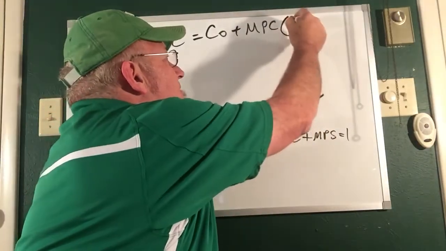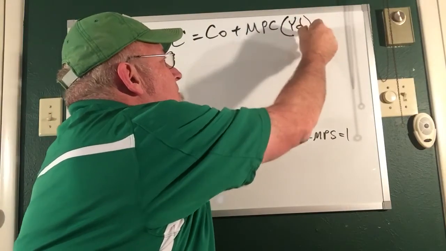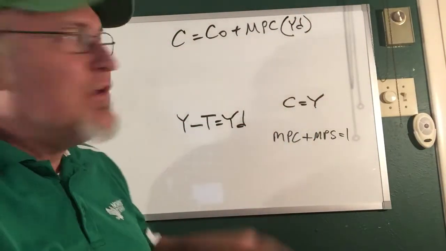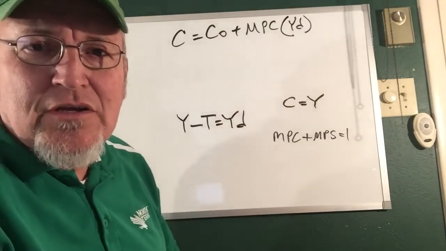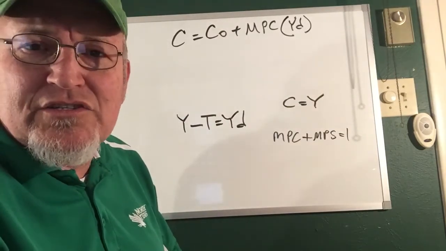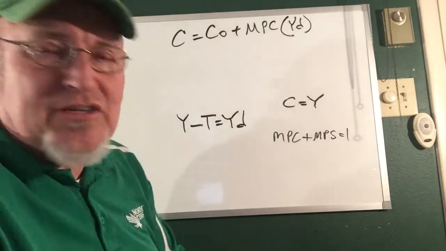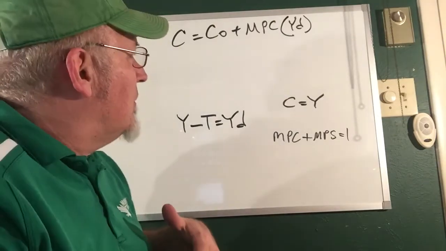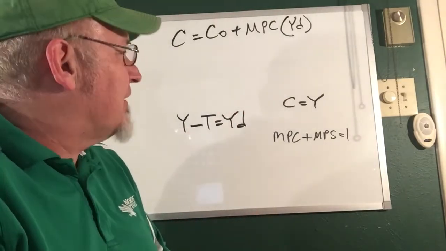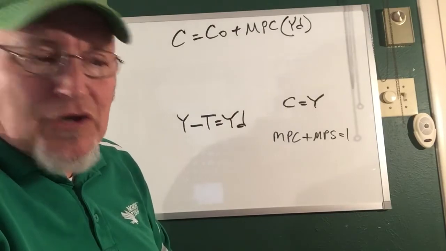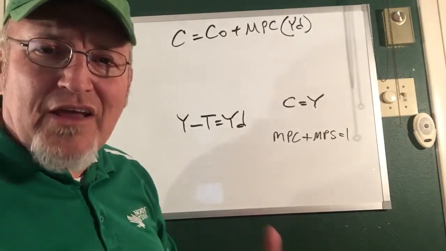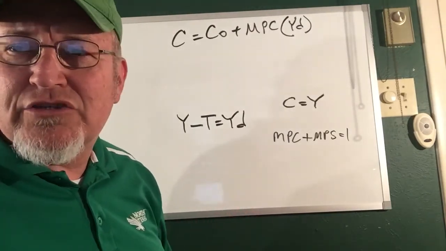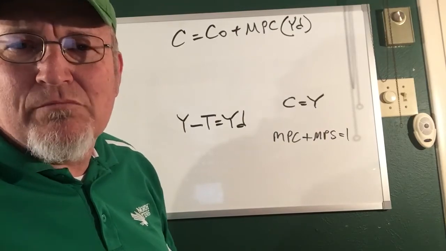And then disposable income. So that consumption function becomes key in understanding the Keynesian calculations and calculation of equilibrium. Okay, so let me end this video, and then the next video we'll set up a calculation to figure out what break even is.